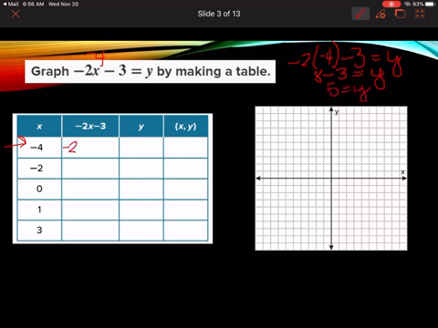I solved it. I got 5 for y. And then remember, my coordinates are in the form x, y: negative 4, 5. So then I graph. I go left and right first. So I go left 4, up 5.